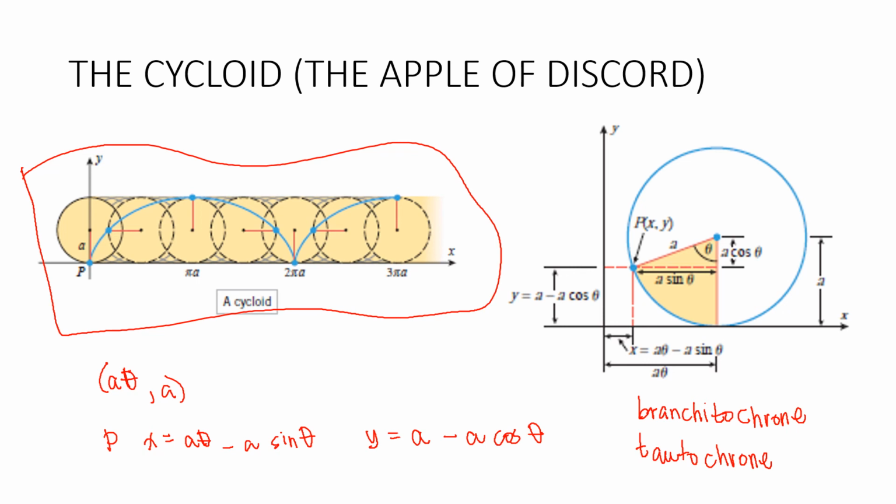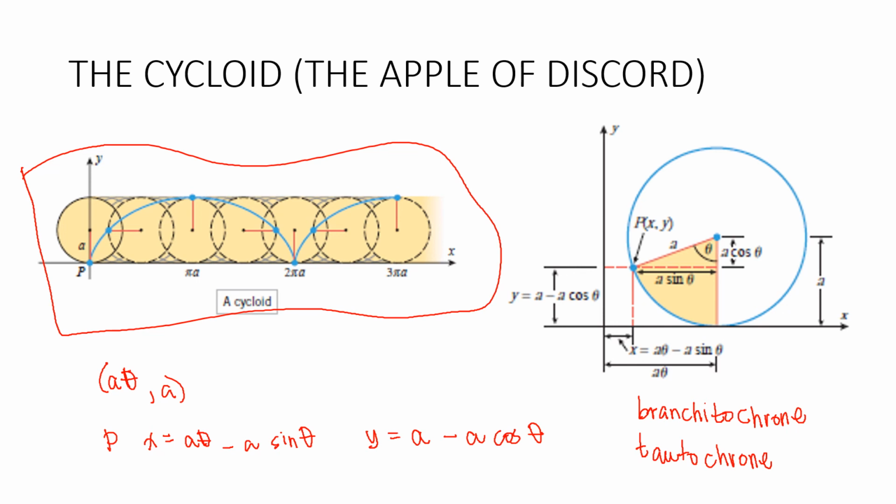The problem was solved by Newton, Leibniz, and L'Hospital, as well as Johann Bernoulli and his older brother Jacob. It was formulated and solved incorrectly years earlier by Galileo, who thought that the answer was a circular arc.